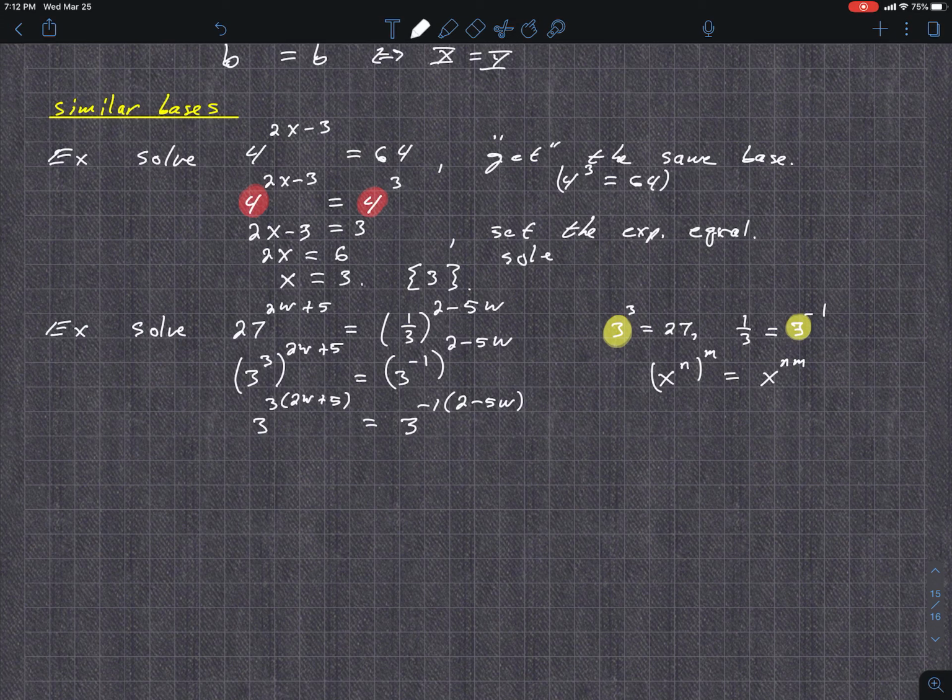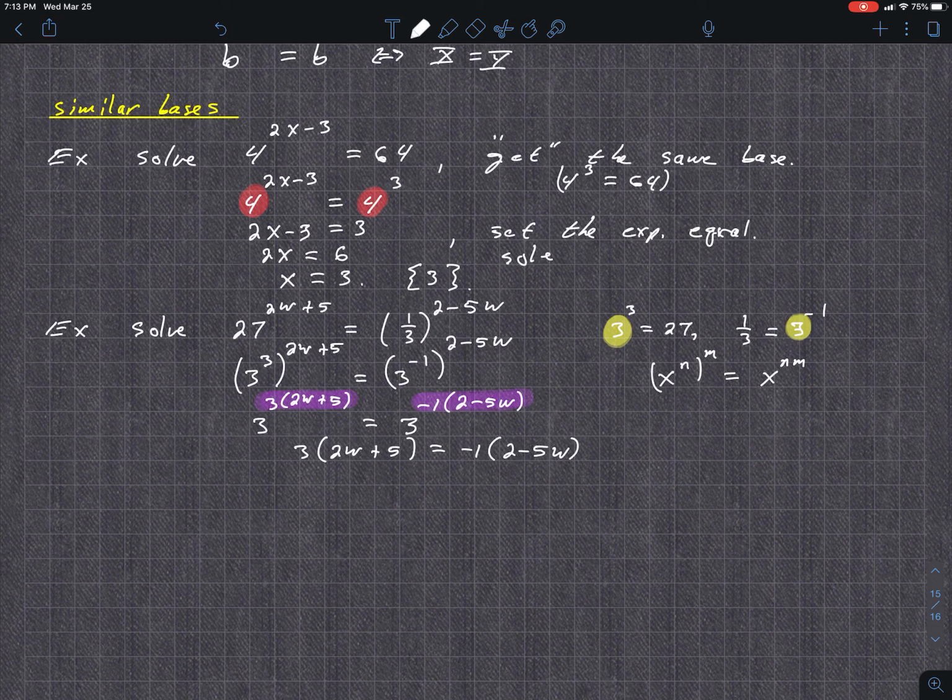Right now you have this and this, and you can set them equal at any point. That's probably the best thing to do at this point. So you get 3 times 2w plus 5 equal to negative 1 times 2 minus 5w, and then solve that.